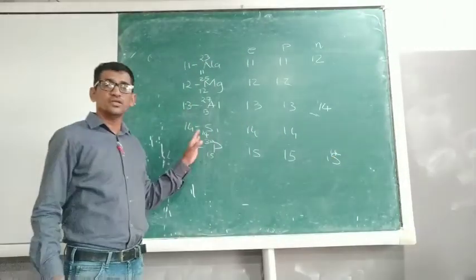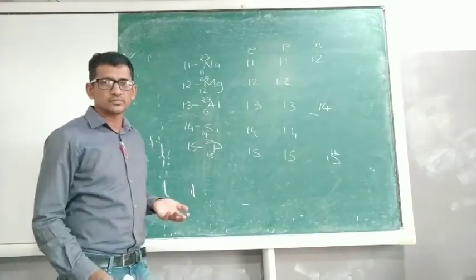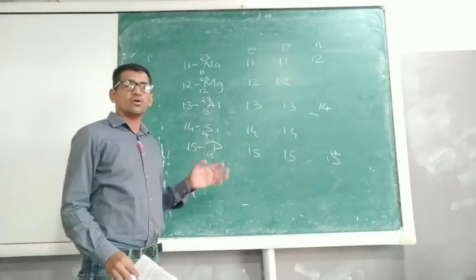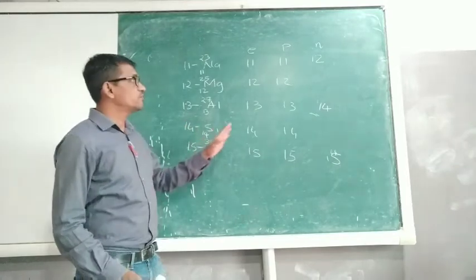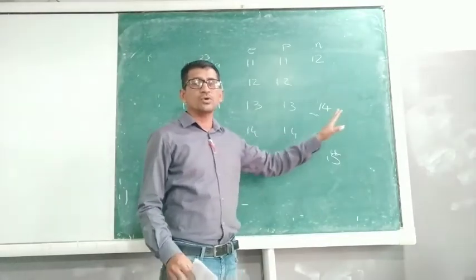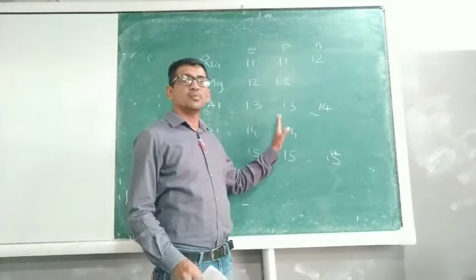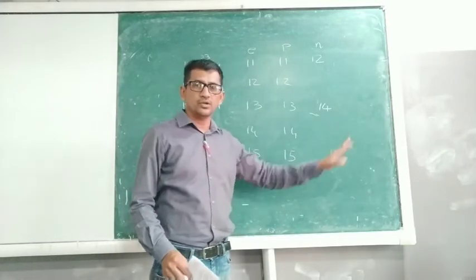So it is simple. If you know the mass number or atomic weight of a particular element, then you can find the neutrons. Why? Because the total weight depends upon the summation of protons and neutrons.